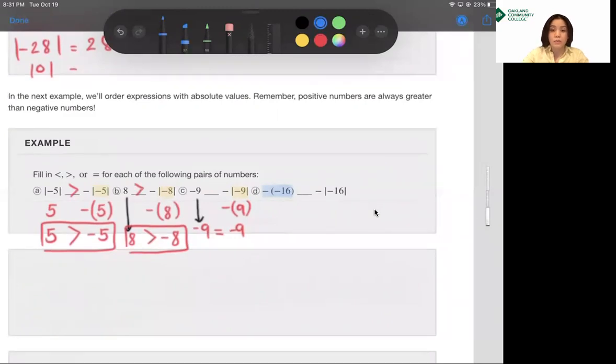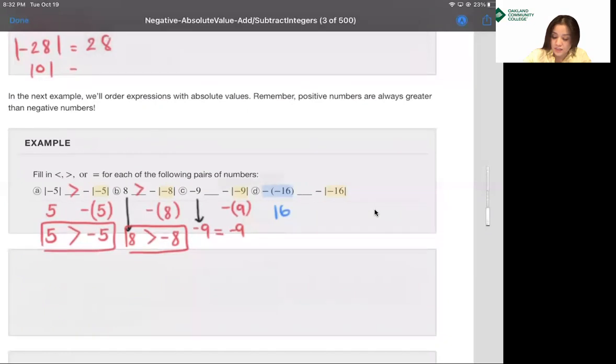Well, what number is the opposite of -16? +16, right? And over here, similarly, I'm going to evaluate the -16 inside the absolute value first. So the absolute value of -16 is +16.